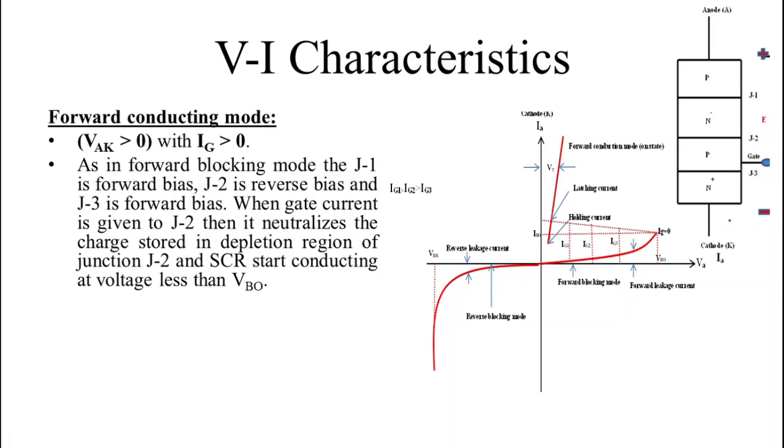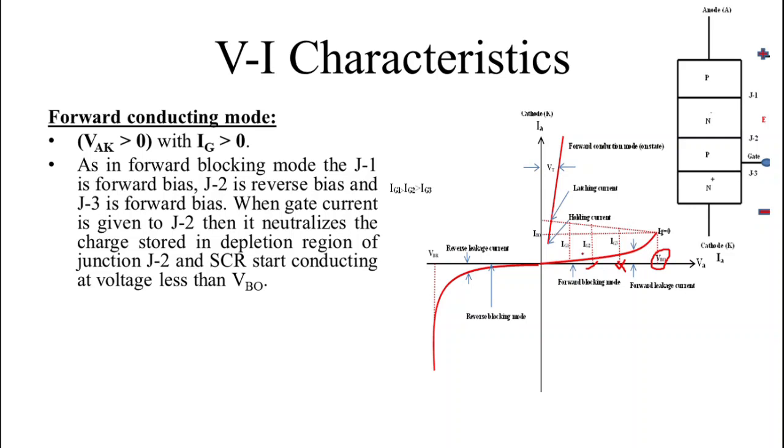So here in this characteristic, when gate pulse Ig3 is applied, then SCR starts conducting at voltage VAK. This voltage VAK is less than this forward breakover voltage VBO. So we can say that as gate current increases, then anode to cathode voltage required to turn on SCR decreases. Here, this Ig2 is greater than Ig3.